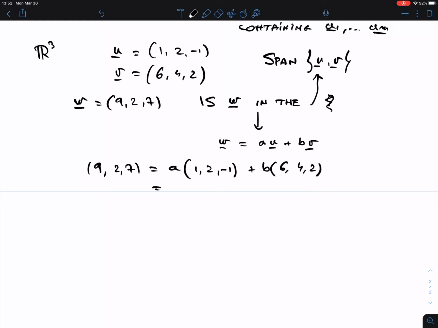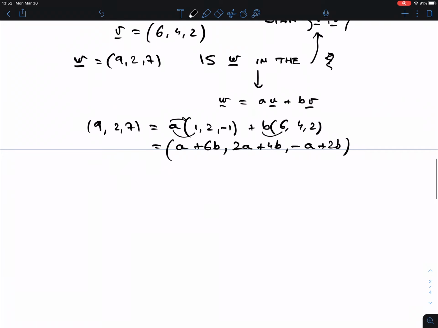Now let's work it out. Remember, we multiply a multiple of a vector by multiplying each of its entries. So we multiply a times 1 and then add 6b. That's the first element, a plus 6b. The second element is 2a plus 4b, you see where it comes from. And the last one is minus a plus 2b.